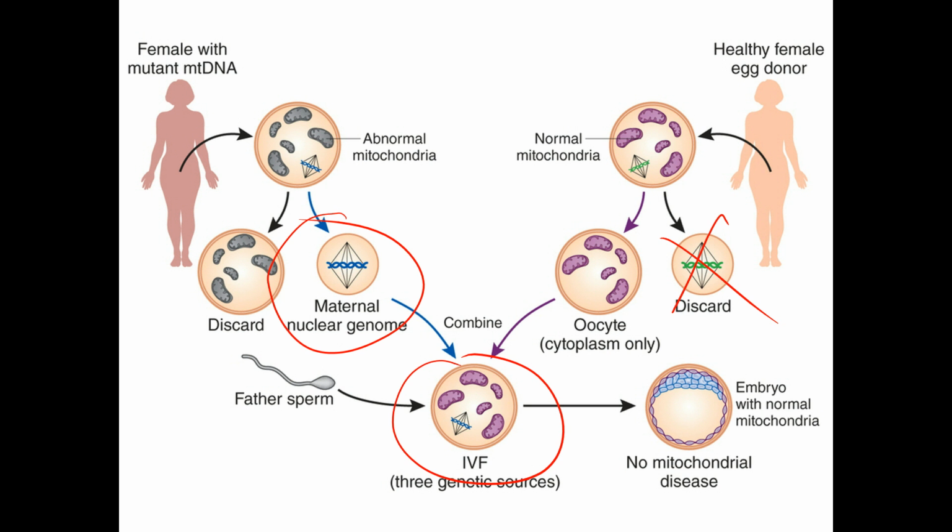Then you use your father's sperm to inseminate the egg through in vitro fertilization, and then you have a developing embryo that has no mitochondrial diseases. So here you would have an individual that has three parents: mom and dad through nuclear DNA, and a third parent for mitochondrial DNA.